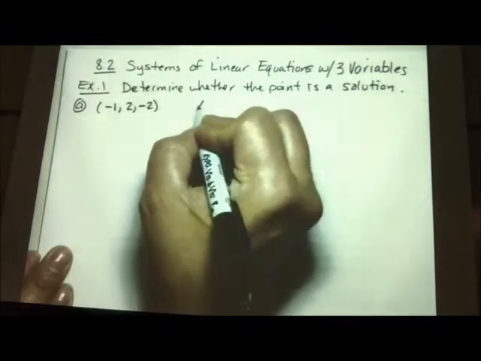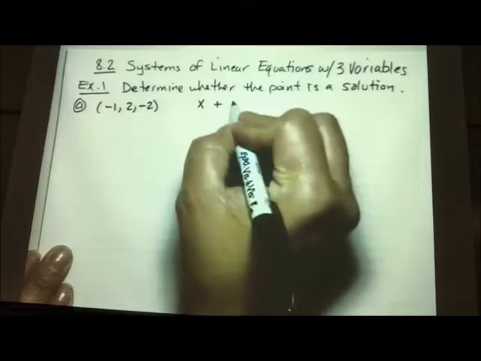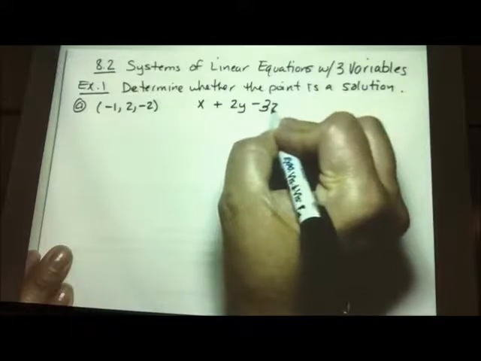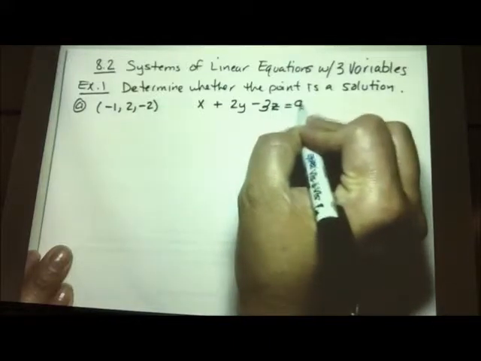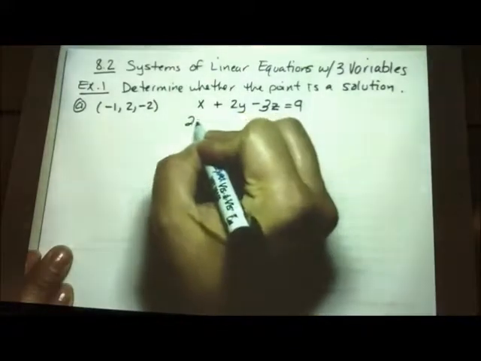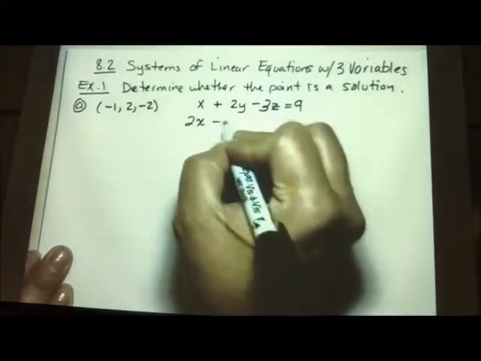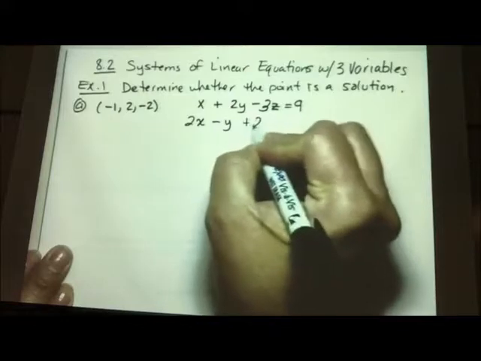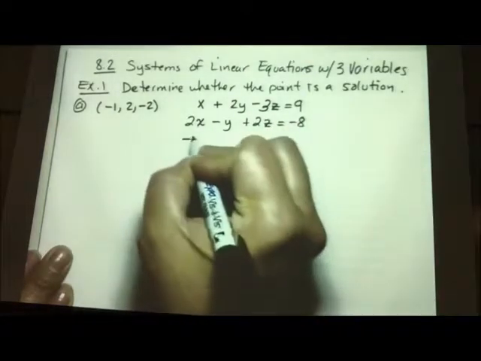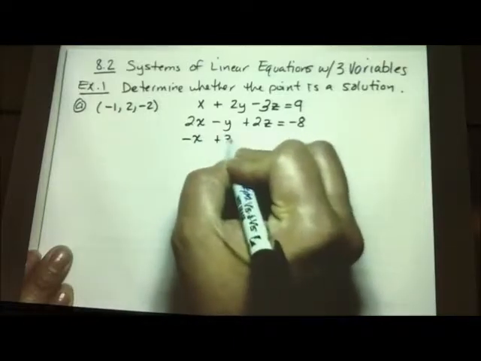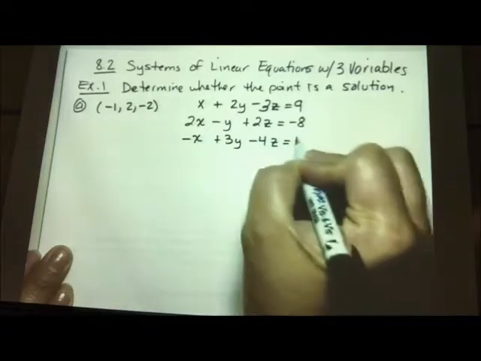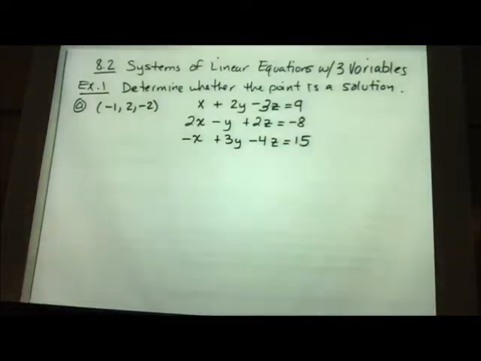And they're going to give you a system with three variables, x, y, and z. So these are the three equations.